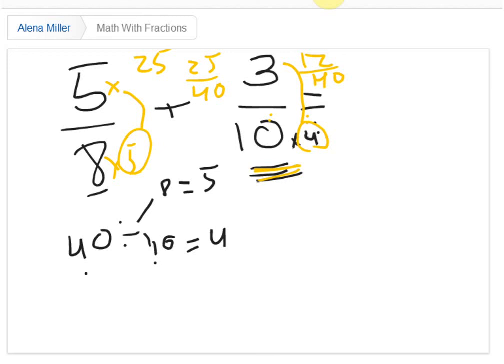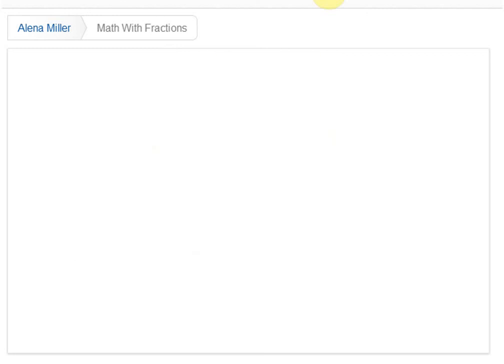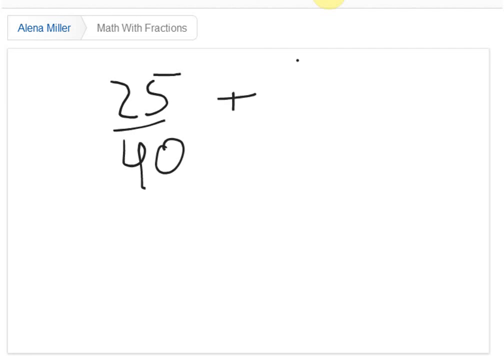It's 25 40ths plus 12 40ths. Let me rewrite that on the other page. 25 40ths plus, what was it? 12 40ths.